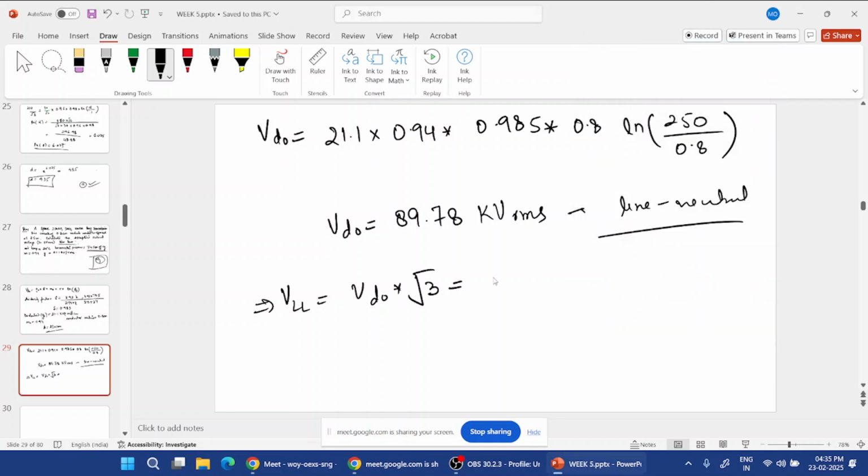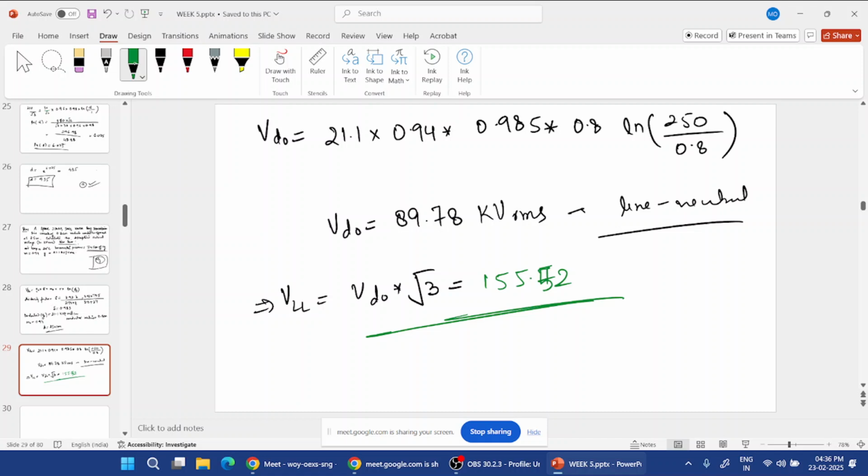Oh, this is wrong. 154. Okay, 154 point 155.7. Sorry, 52. Okay. This is the critical disruptive voltage between the lines.